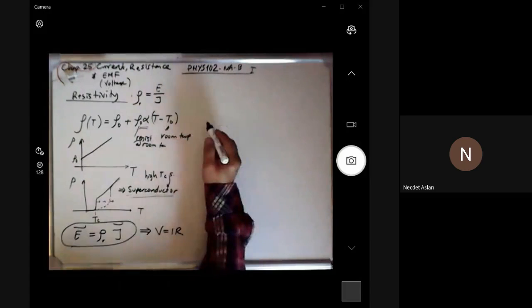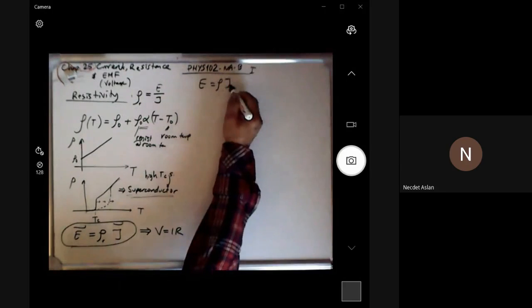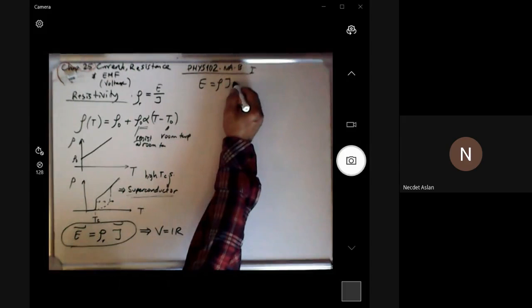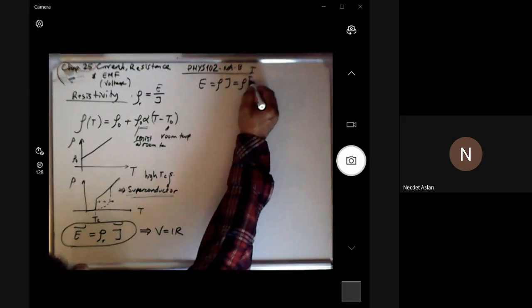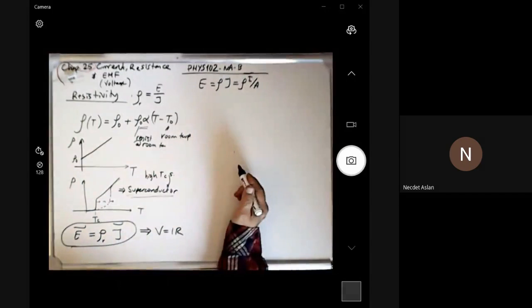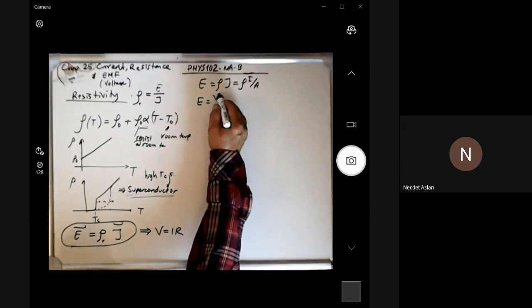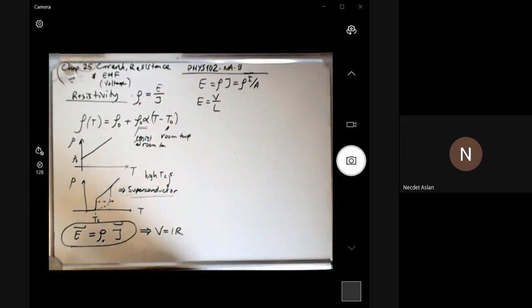First of all, the electric field is given by the resistivity times the current density, but the current density is given by the current divided by the area. And the electric field is given as the potential divided by length.